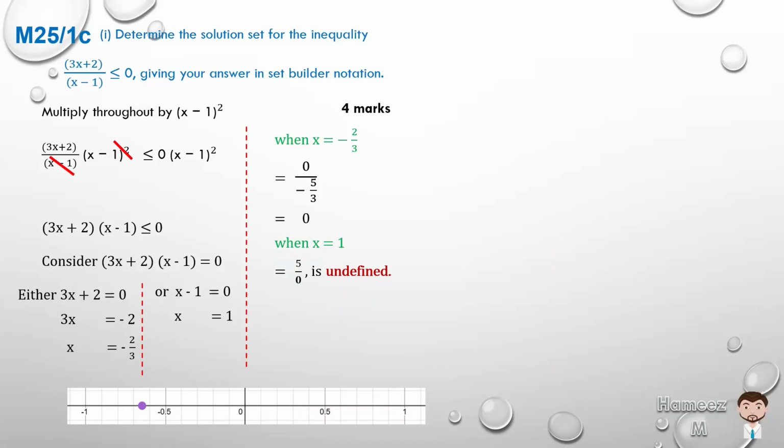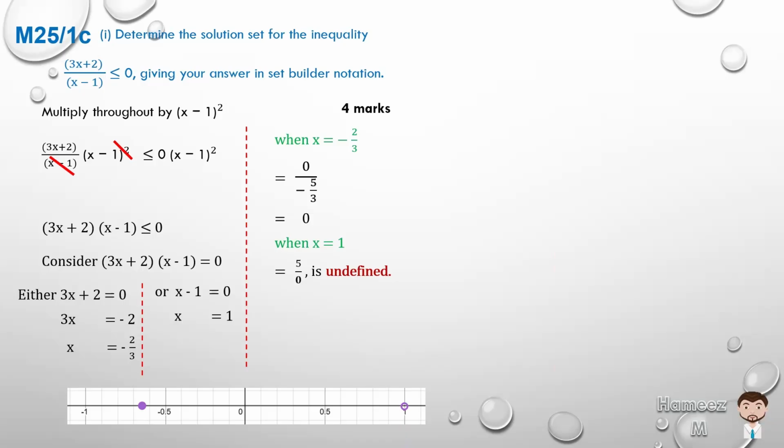So the answer is undefined, which means that at the point when x is equal to 1, we cannot consider that. That will not give us a solution. So at x equal to 1, we're going to draw a circle whose center is empty, or open, which means that at x equal to 1, it does not satisfy that fraction.